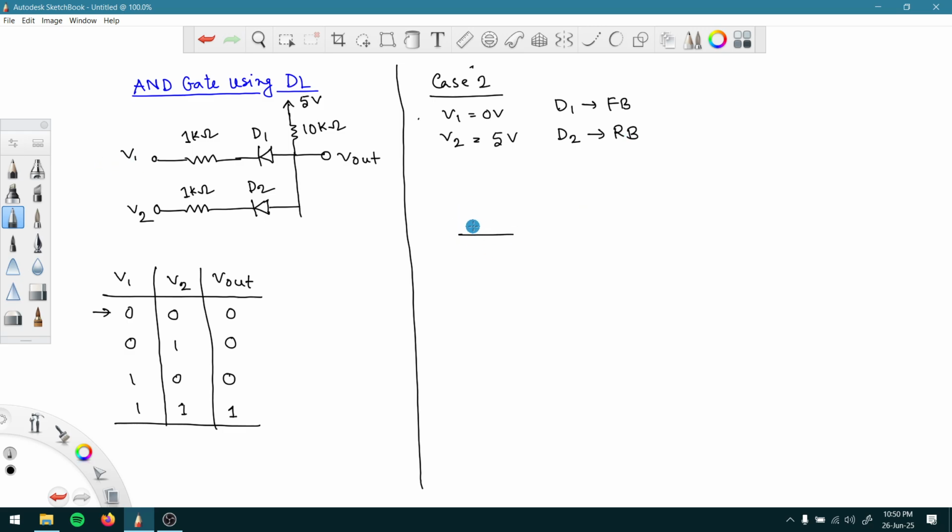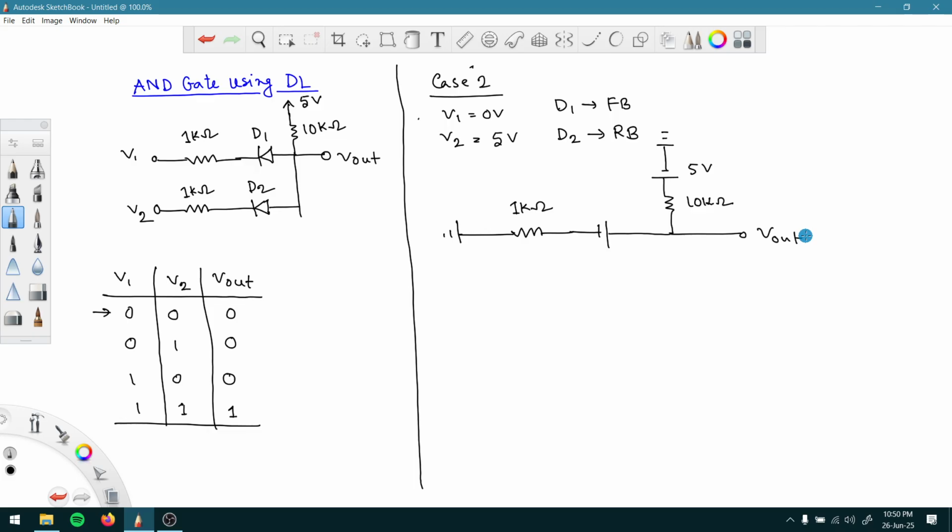We will have the ground here for D1, V1 here, then we will have this resistance of 1 kilo ohm, then D1, and then this resistance with the voltage source, or we can also draw it like this if we want, just like batteries. So this is 5 volt, this is 10k ohm, and here we are going to get the output V out.